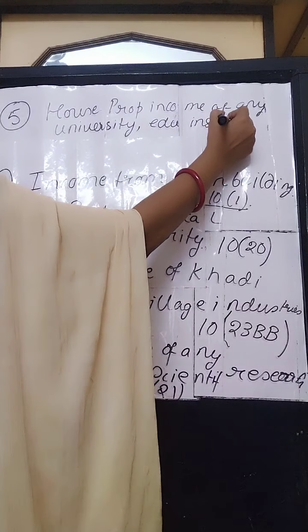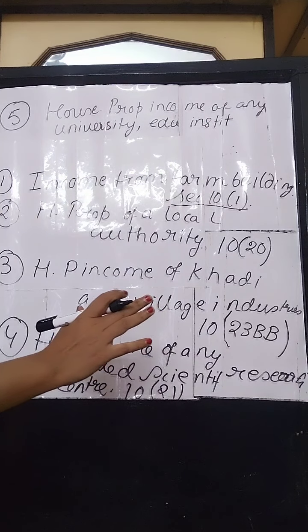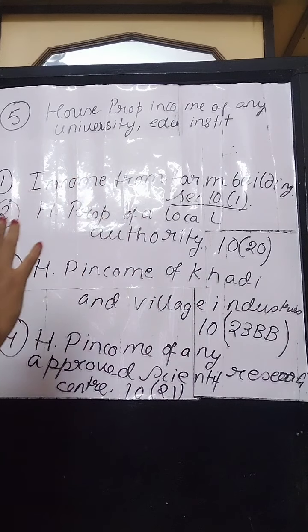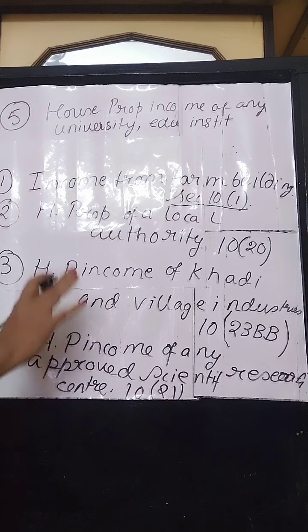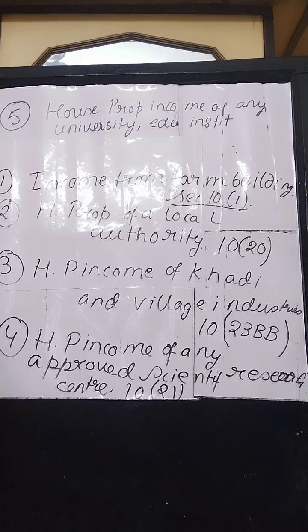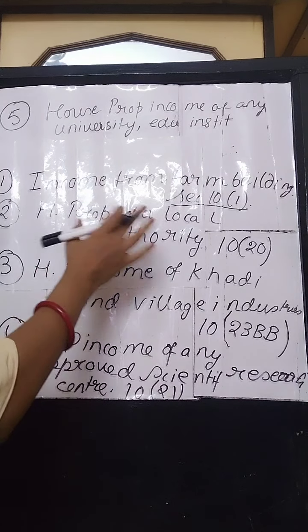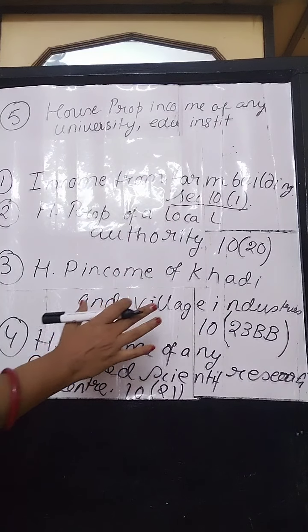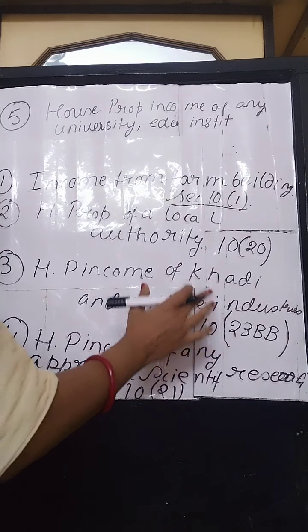Don't worry, I will write all the things in the PDF for you and provide you everything through the PDF. Just remember this and follow the video properly so that you can understand what the incomes under house property not chargeable to tax are.